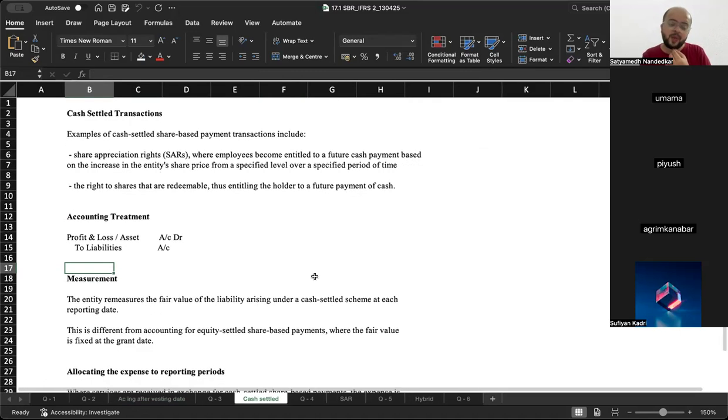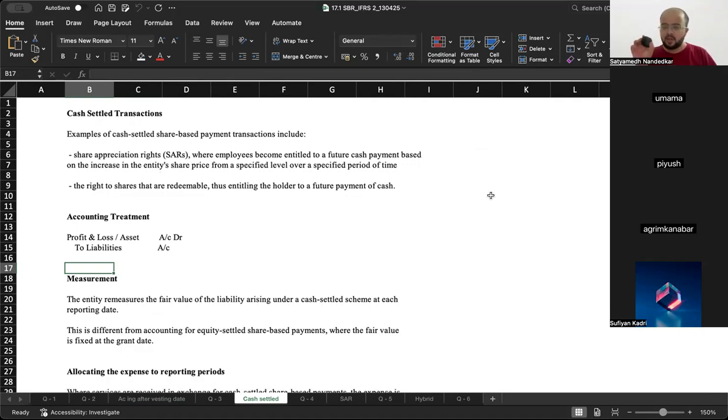Now, like you have equity settled options, you also have cash settled options. What are cash settled options? You don't promise to give shares to the employees, but what you tell them is, say for example, I have these earphones.